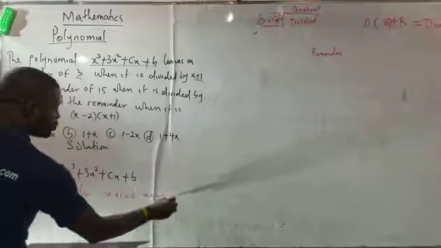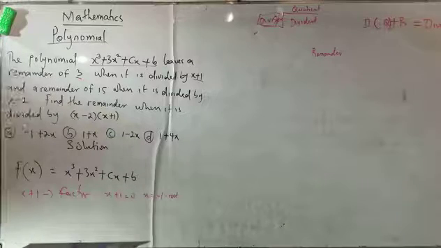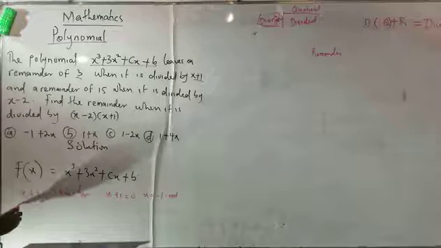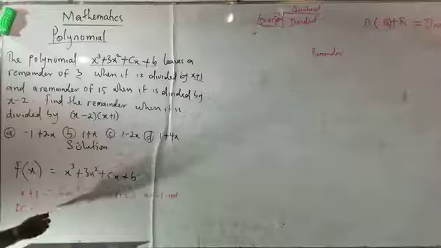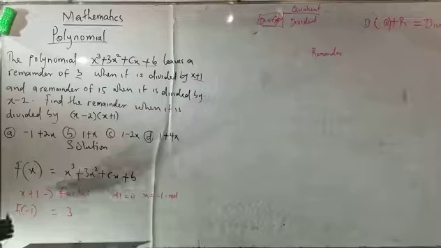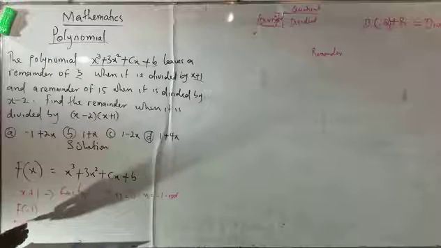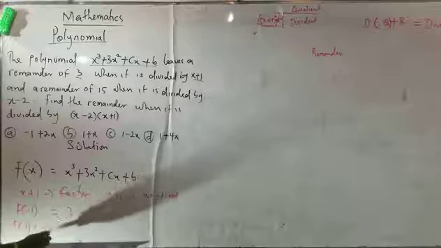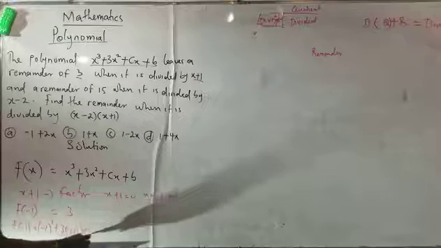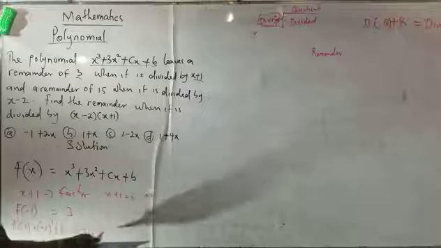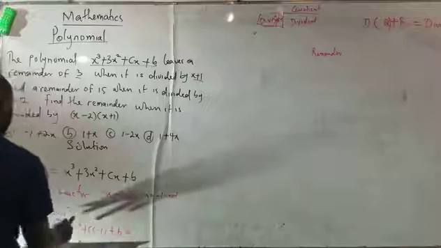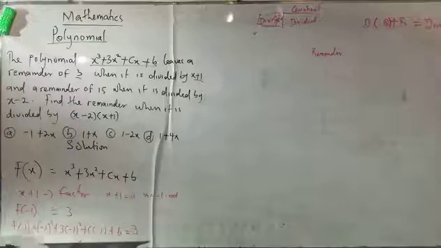This is called the root. So f of minus 1 leaves a remainder of 3. Indirectly, I'm saying f of minus 1 equals minus 1 cubed plus 3 times minus 1 squared plus a times minus 1 plus b, and it will leave a remainder of 3. That is what you are trying to say there.